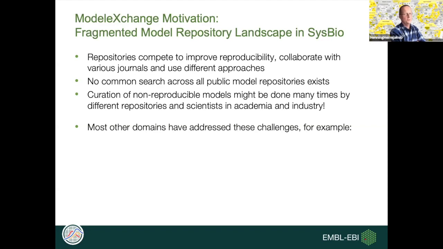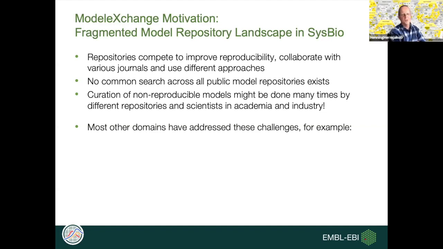And a big point and a key point for us, having spent a lot of time on the study, is that curation of non-reproducible models might be done many times by different repositories and scientists in academia and industry. So if there's a nice, attractive model on a hot topic published in the scientific literature, then BioModels might try to curate it and fail. And then repository X, repository Y also have independent teams.